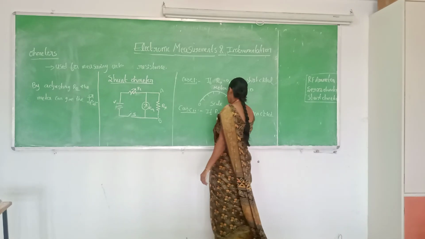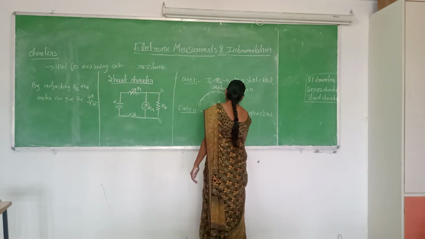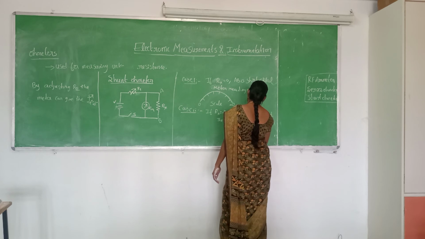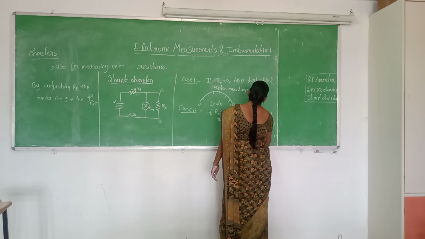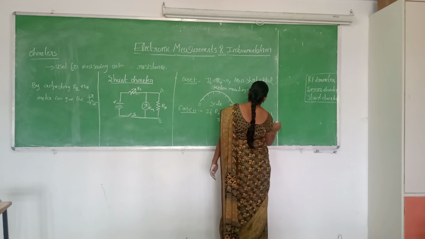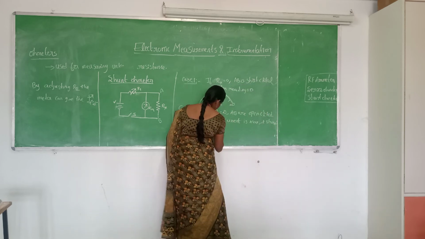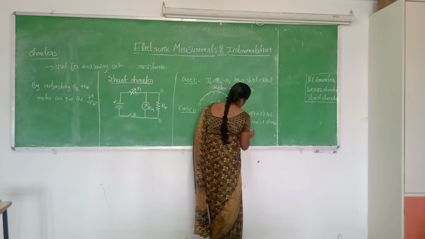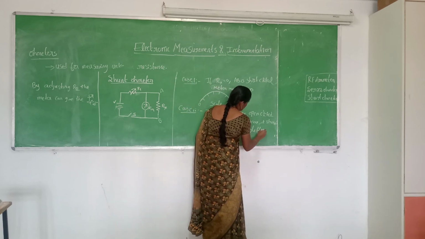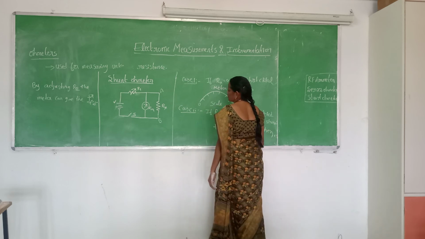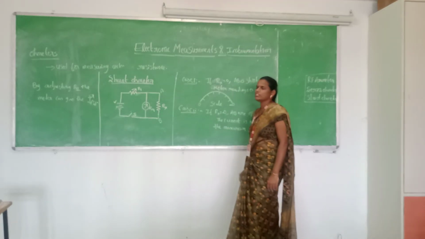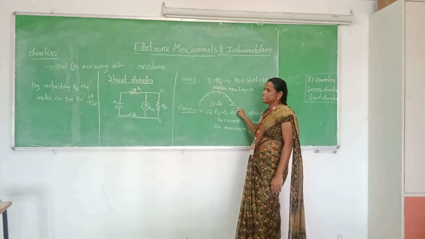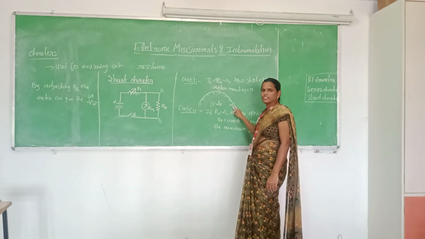So the meter shows the maximum deflection. These are the two cases present in the shunt meter. The initial case is 0 and the maximum case is infinity. So the maximum deflection is infinity.